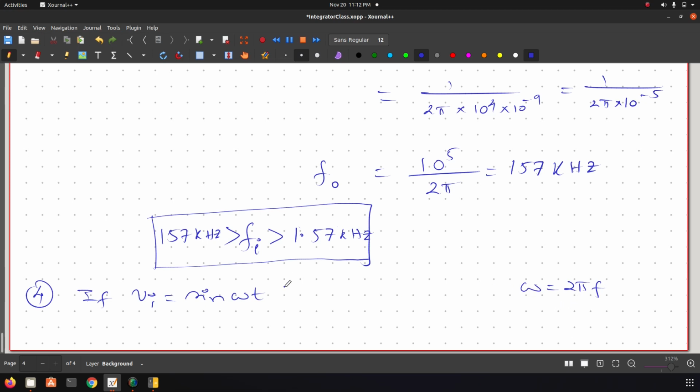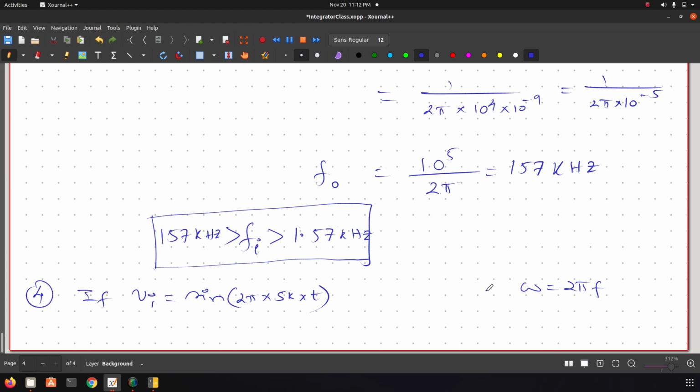Here the input frequency is 2 pi times 5 kilohertz into t. So this is the input frequency.